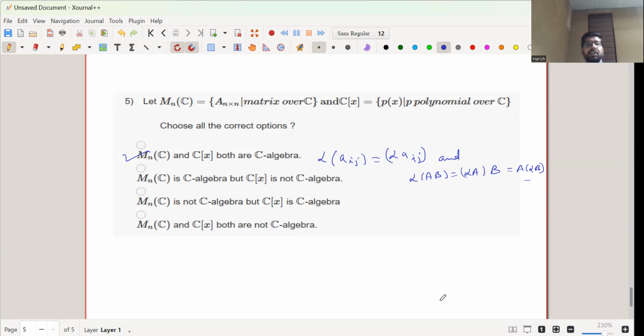In this case, alpha times f(x), if your polynomial is of this kind, summation of a_i x^i, then you just multiply each term with alpha. This is the scalar multiplication, and again, the compatibility will be there. It forms a C algebra. Is there anything to check? These are the examples that we gave in the beginning. No?